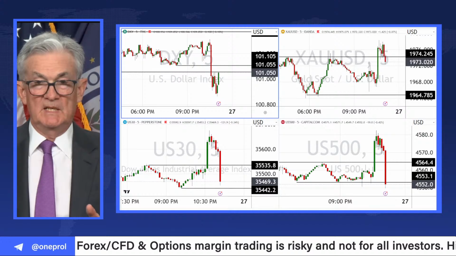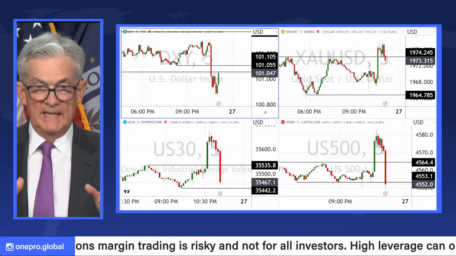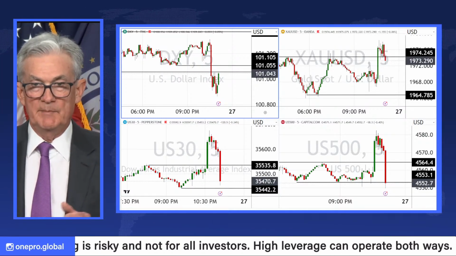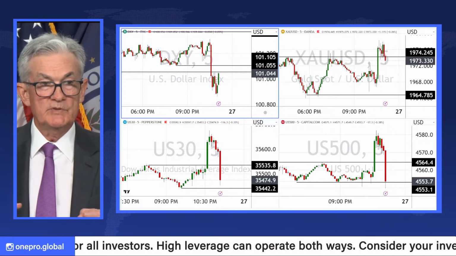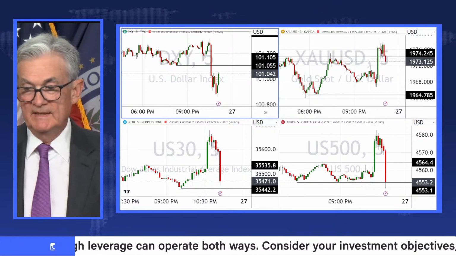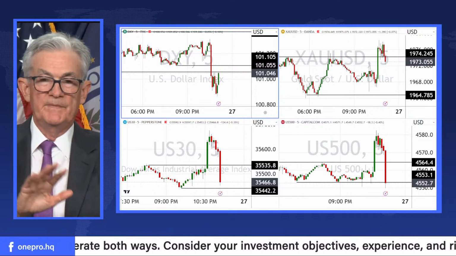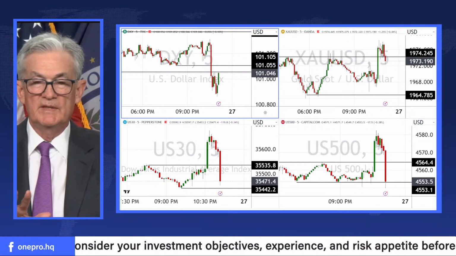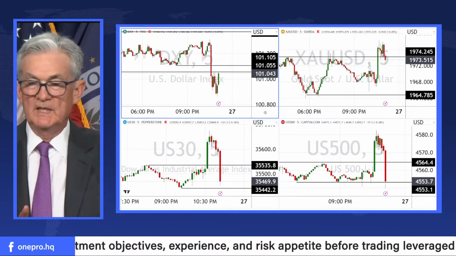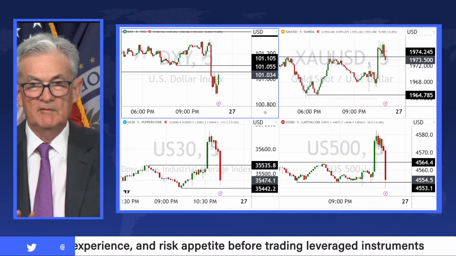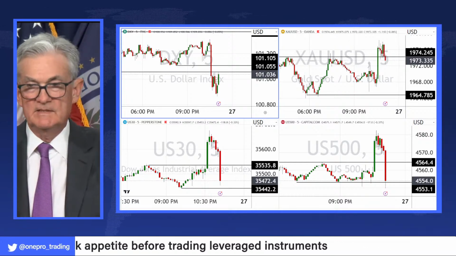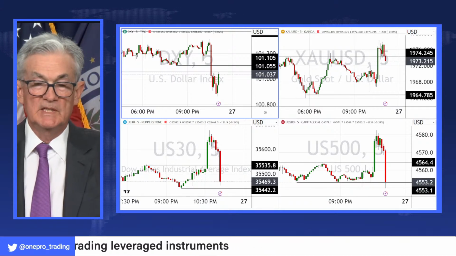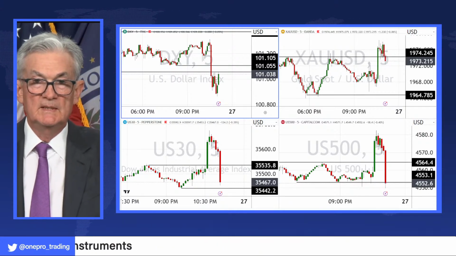The SLOOS has been telling us for more than a year that banking conditions are tightening. That process is ongoing, and that will restrain economic growth. So I think we have to take a step back. I can't separate those anymore. I think basically we're just looking at the overall picture, which is one of tightening credit conditions, and that's going to restrain economic activity. So that's how I would look at it.